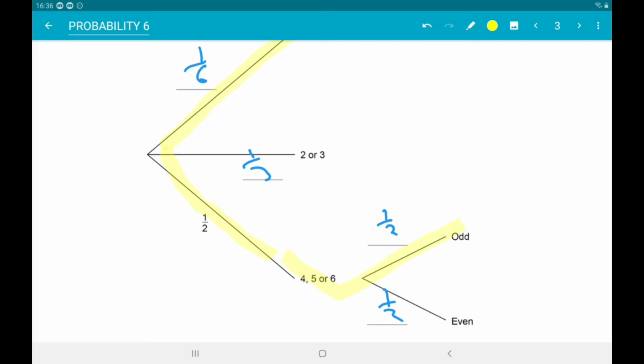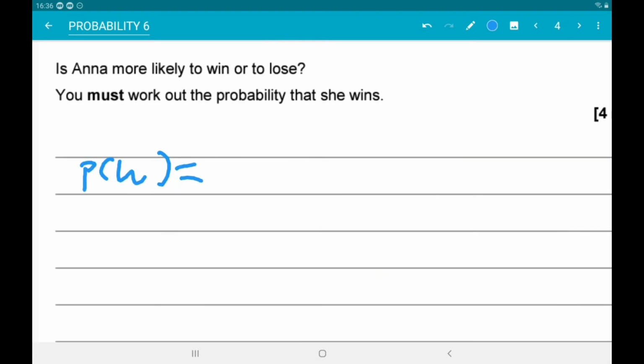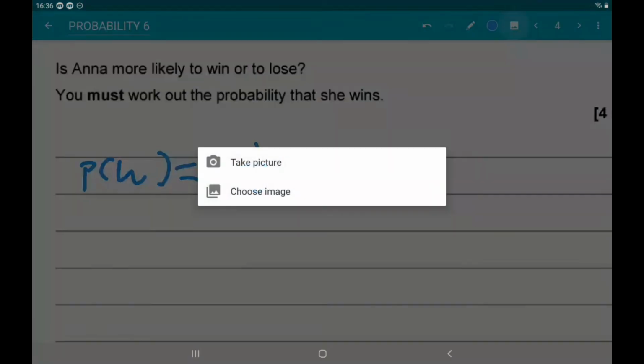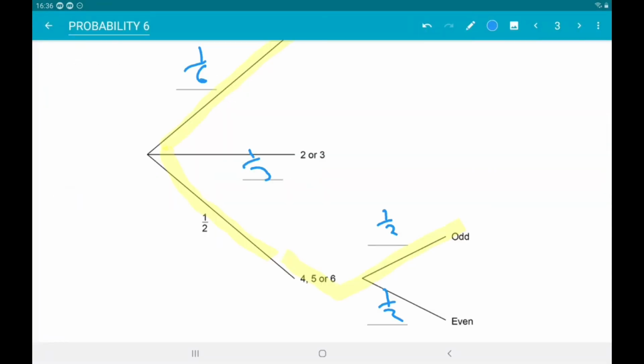So, the probabilities we want are 1/6 add. Now again, we're going along branches, so we multiply.